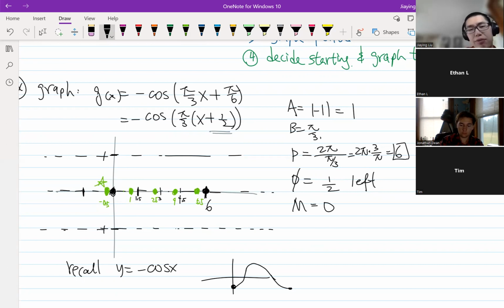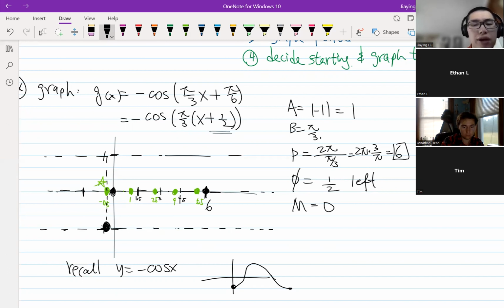But here, remember, we have a shift. So the starting point is being shifted to the left. So the minimum value corresponds to negative 0.5 now. So that's where I begin. So I begin with this point. That's the minimum value corresponding to the new y-axis, the value being shifted from the y-axis. And by the time it hits the next green dot, it should reach the next line.